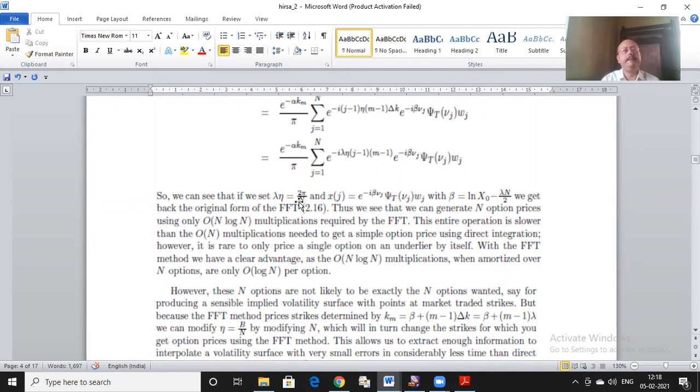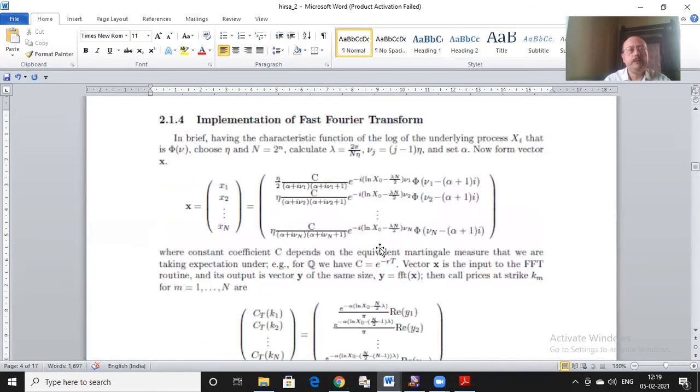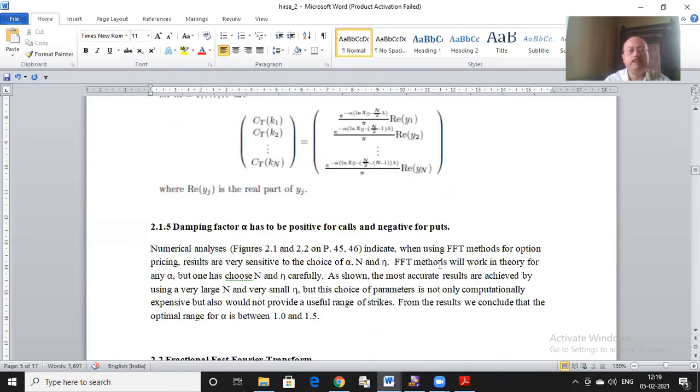They are exactly connected to each other. And that gave me less freedom to choose points, because my market observed strikes may not match with the strikes that I can get here. That was the shortcut. We could still do it efficiently. So fast Fourier transform routine is quite popular, and you can choose alpha smartly to make it more efficient.